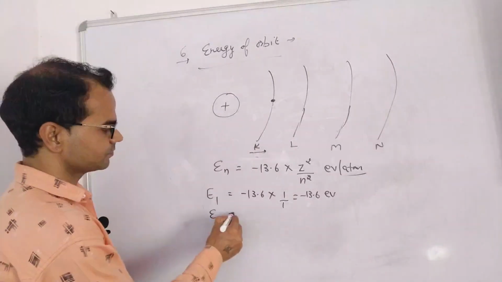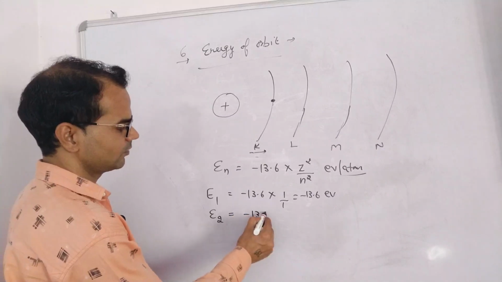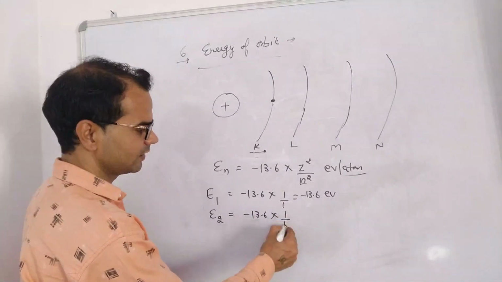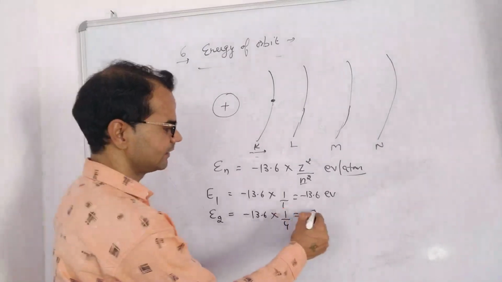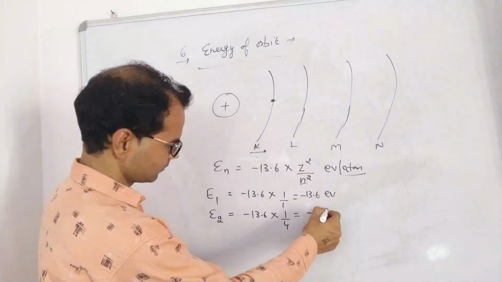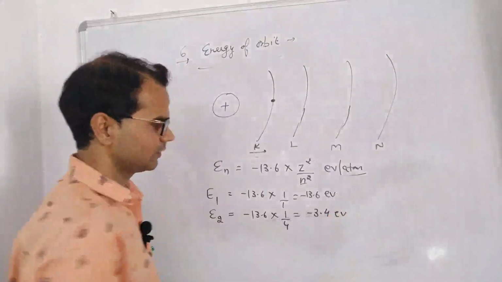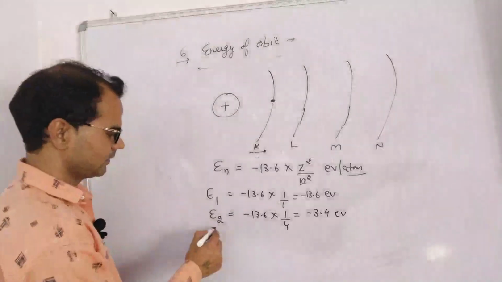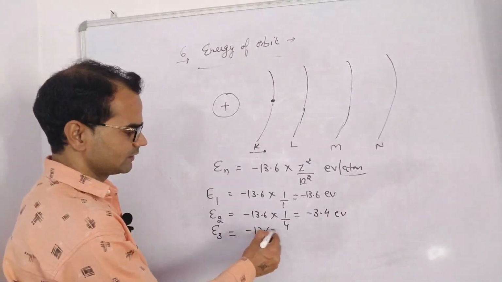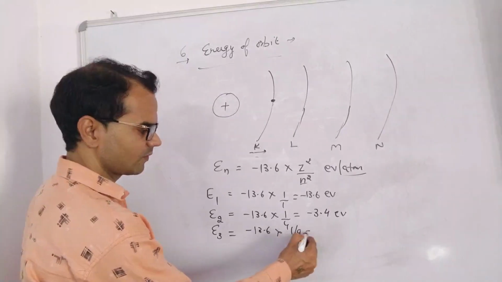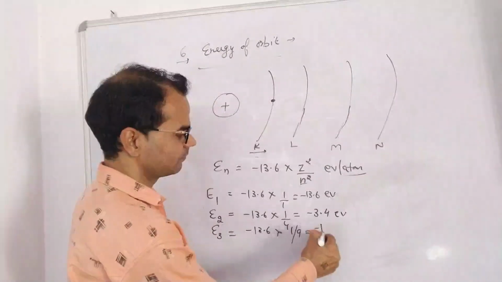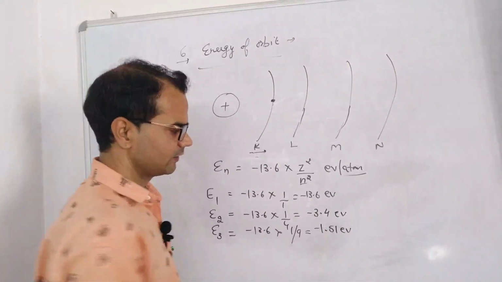E2 equals minus 13.6, Z is still 1, n is 2, the square is 4, so 1 by 4 gives minus 3.4 electron volt. E3 equals minus 13.6 into 1 by 9, since the square of 3 is 9, so the value will be minus 1.51 electron volt.